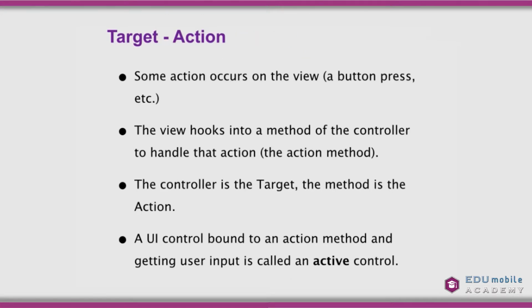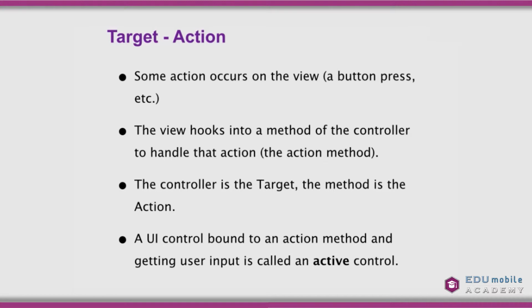So let's talk about this target action mechanism, or design pattern of target action between the view and the controller. The idea is that some action occurs on the view. This could be a button press, or somebody moving a slider, or any kind of action that the user initiates.